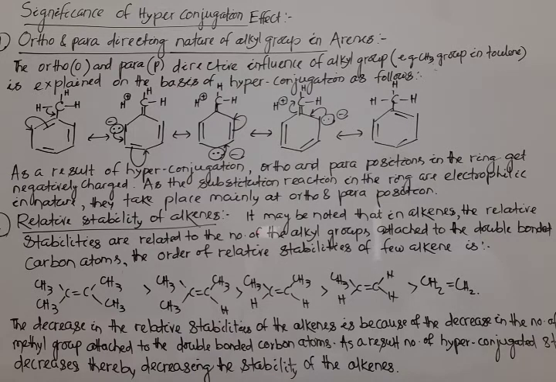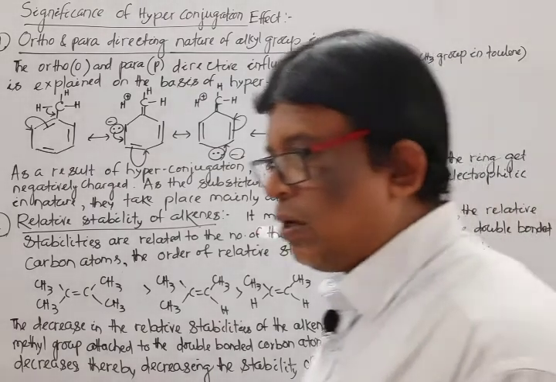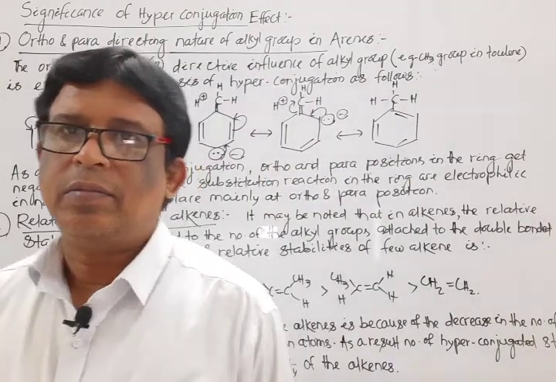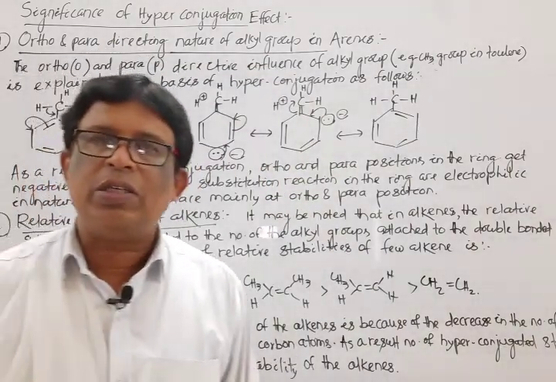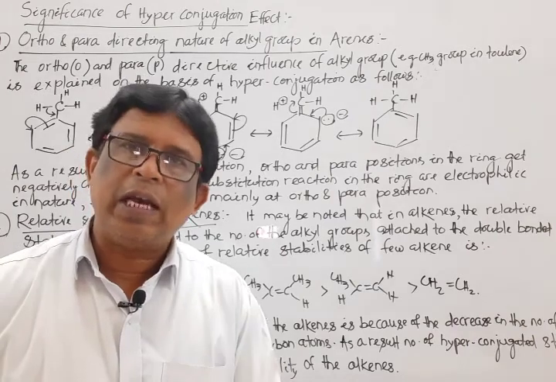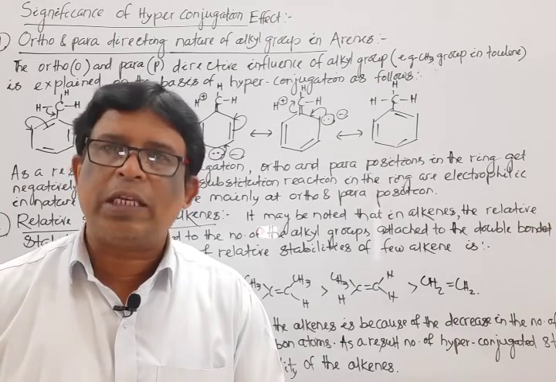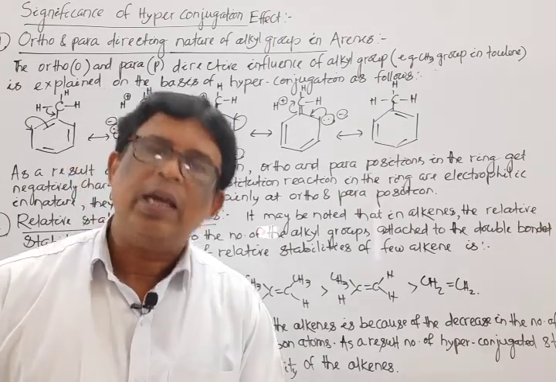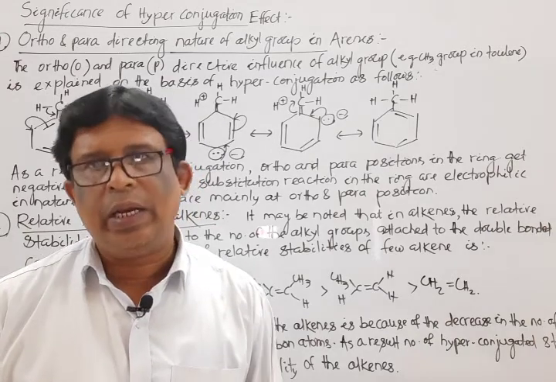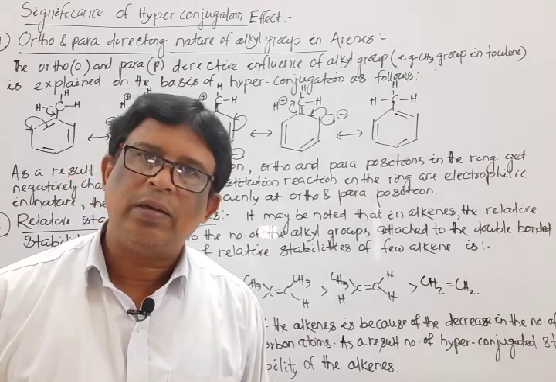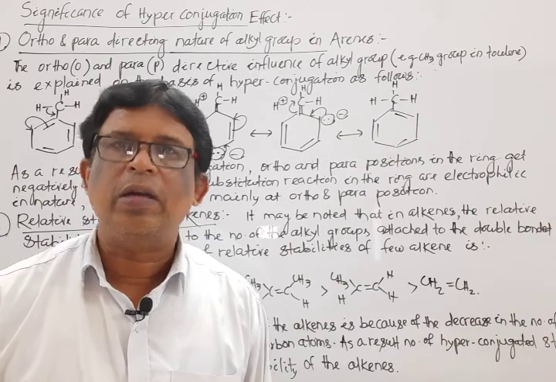As a result, the number of hyperconjugated structures decreases, thereby decreasing the stability. In addition to these two applications, the hyperconjugation effect also explains the relative stability and reactivity of a free radical and carbocation. That one we discuss later in the next video.